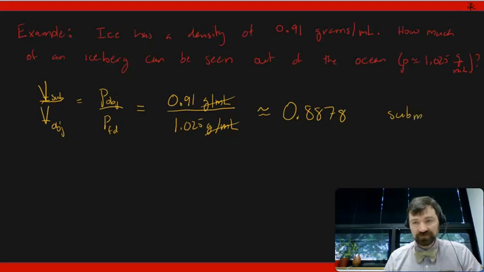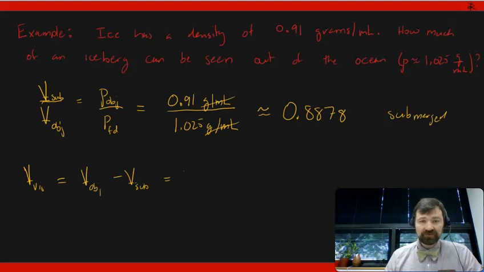So this is submerged. The visible part, so volume visible, or tip if you'd prefer, is equal to the object's total volume minus the object's submerged volume. So that would basically be equal to V object times 1 minus V submerged over V object.